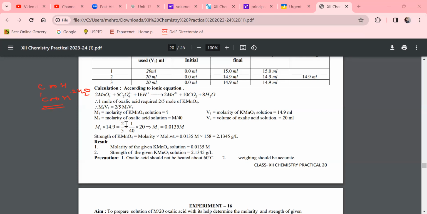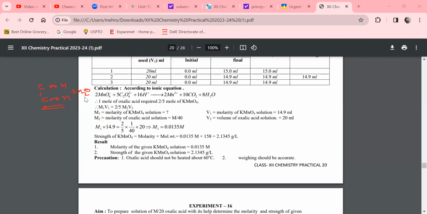And as a tip, you should remember it, because when they ask about the molecular weight of oxalic acid, Mohr's salt, or KMnO4, you should answer it quickly without wasting your time. Just like oxalic acid, it becomes 90, and it is dot 2H2O.